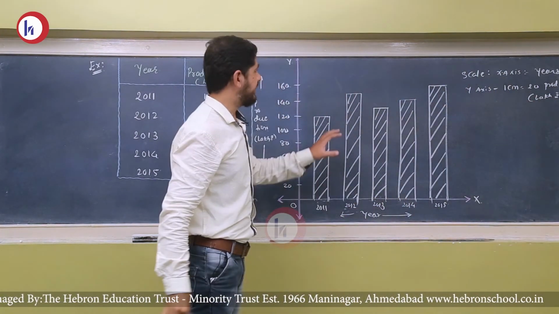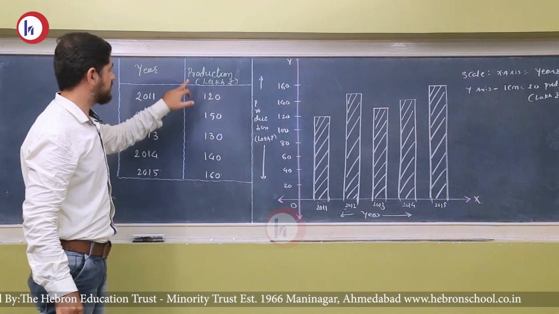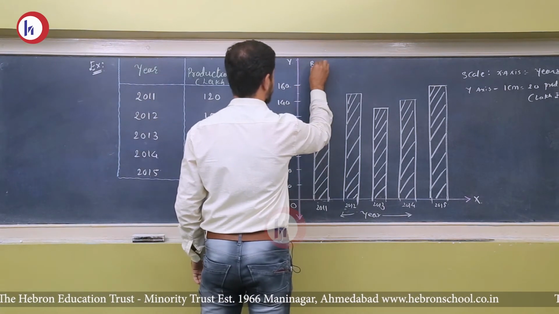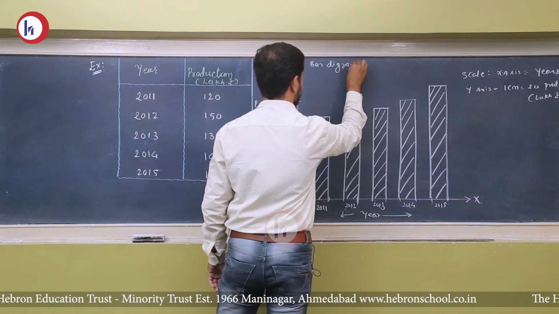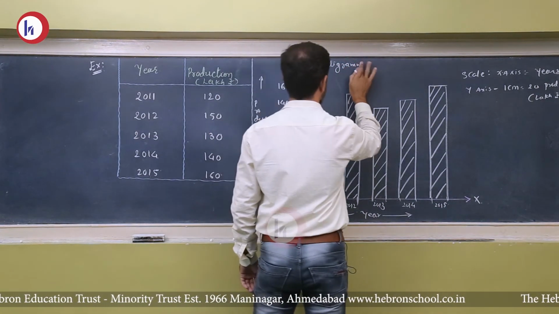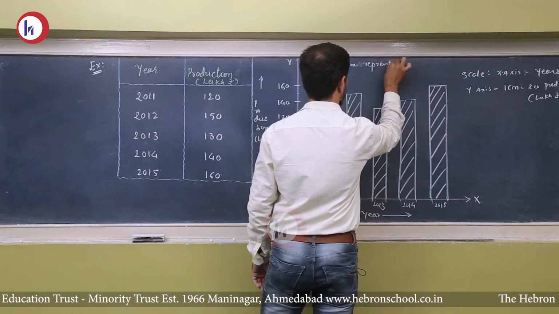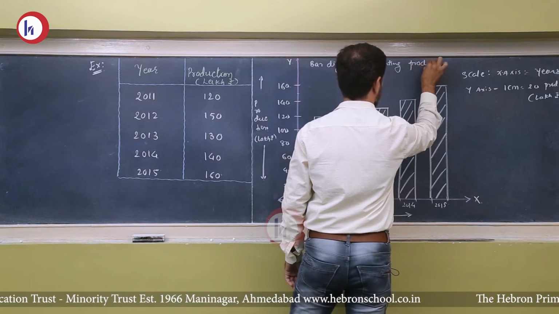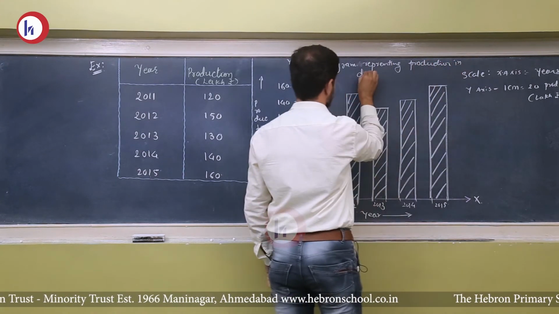Finally, the title of the graph. It is a bar diagram that shows the production in different years. So the title is bar diagram representing production in different years.